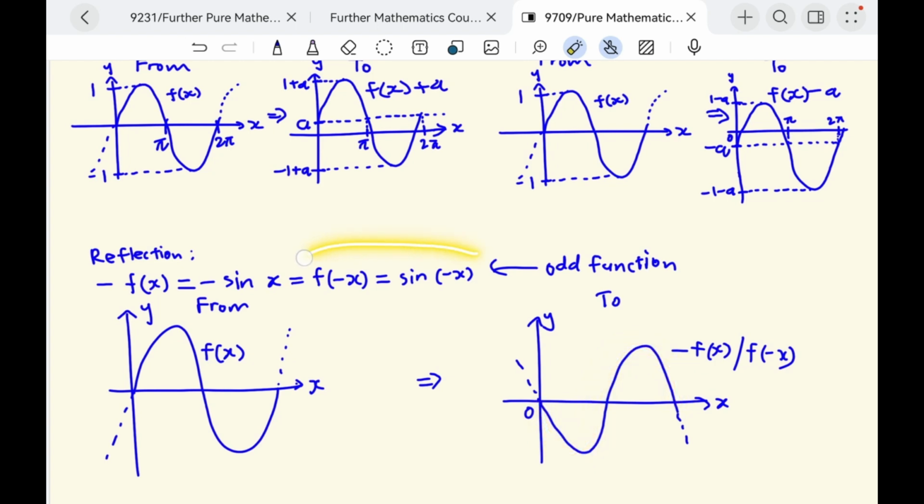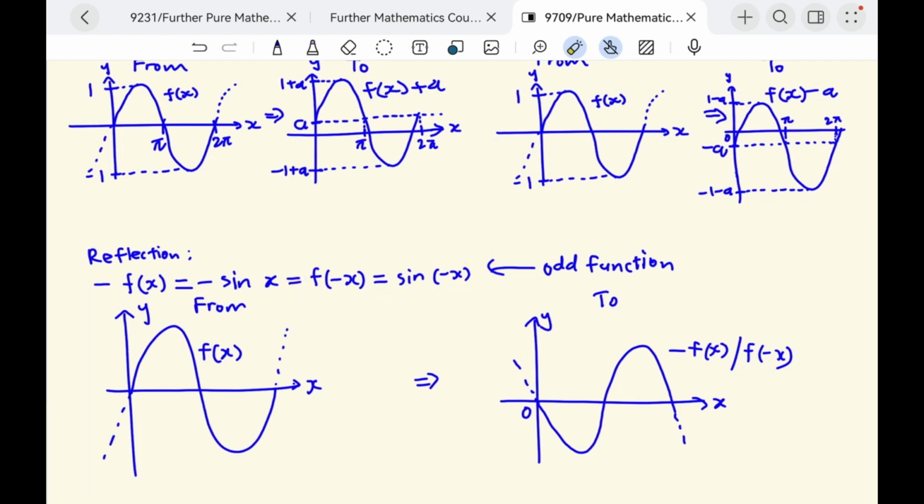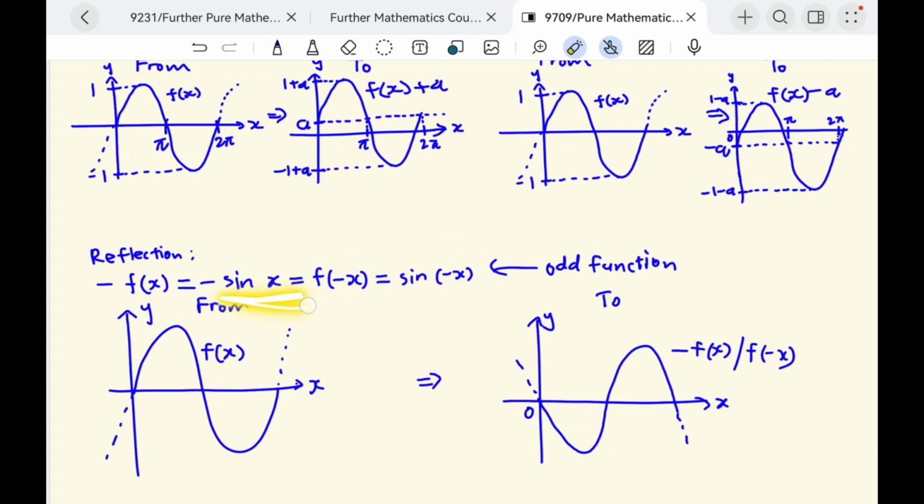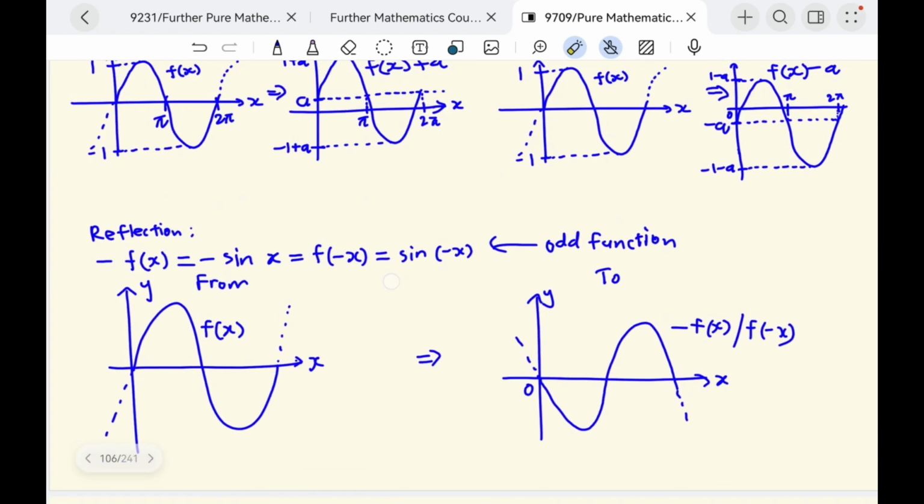What about the reflection on the y-axis? That means you put negative x inside the sine function. Given that the sine function is a continuous function, it has a complete cycle over here, whereas for the negative quadrant, it has a negative cycle like this, and you reflect here. Meanwhile, for the positive quadrant, you reflect to the other side.